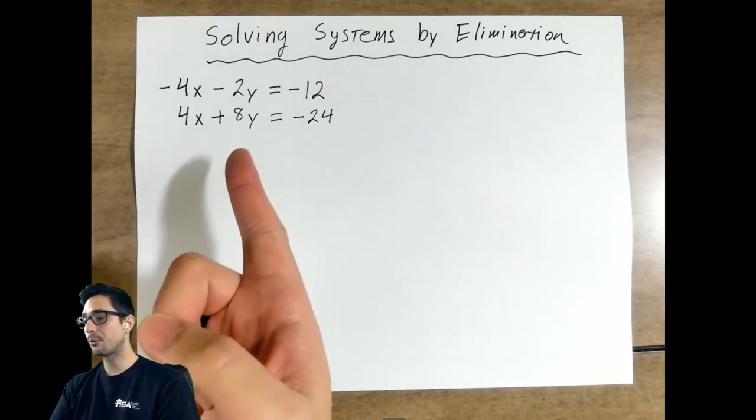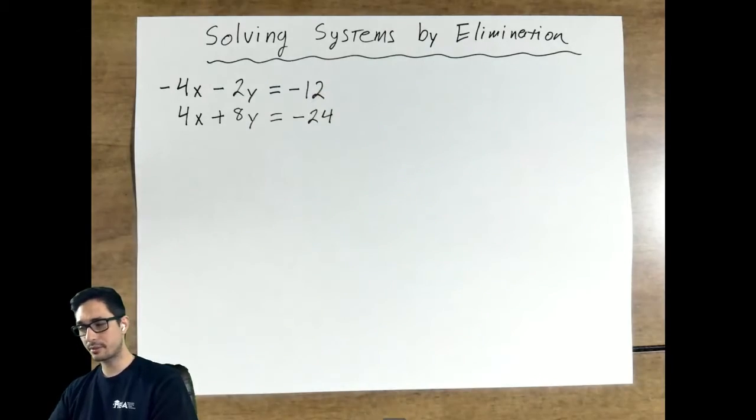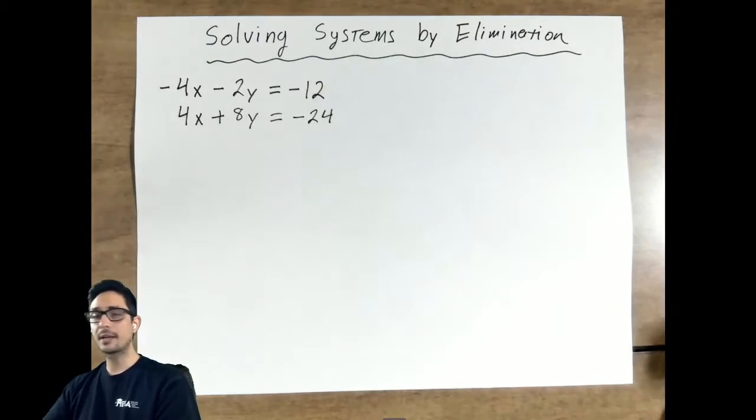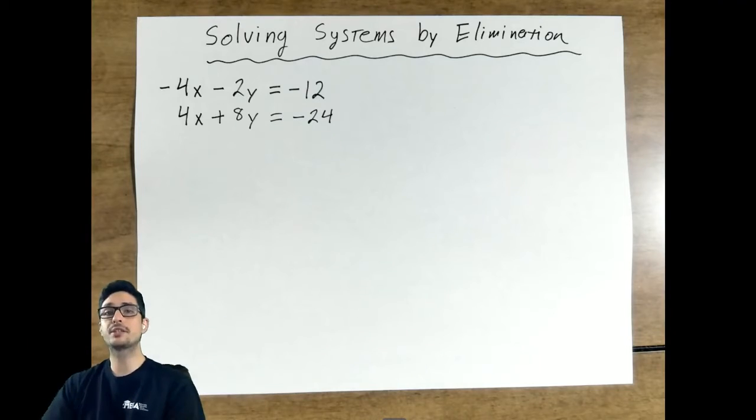So what does this even mean? Why the two variables? Why the two equations? A very short way to describe what we're trying to do when solving a system is that it's kind of like a linear equation with one variable.